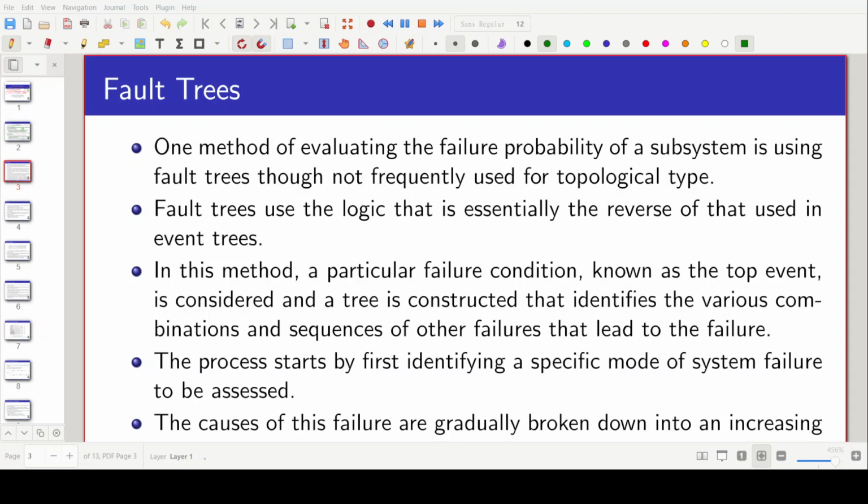For protection systems, what methods you are using? What we discussed, what methods we are using? We are using two methods. Okay. One is the fault tree, the other one is the event tree. Yes, yes. Okay.